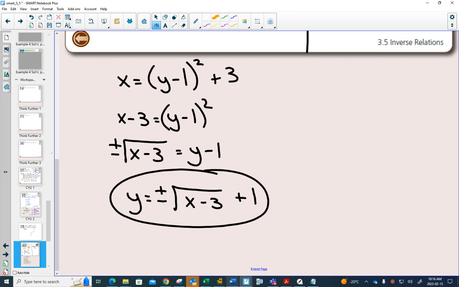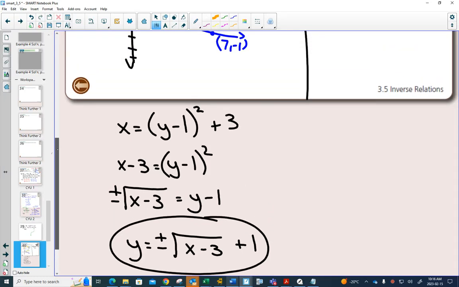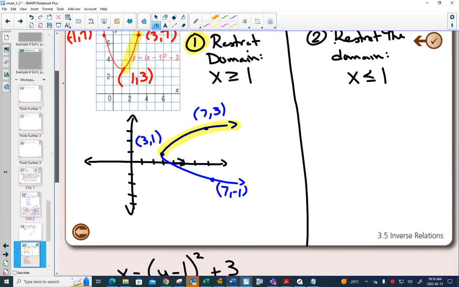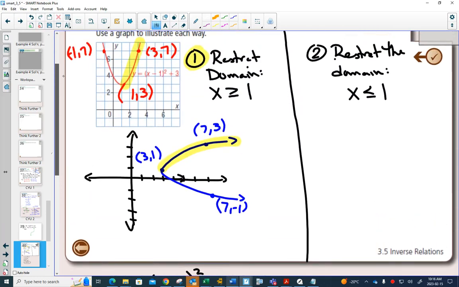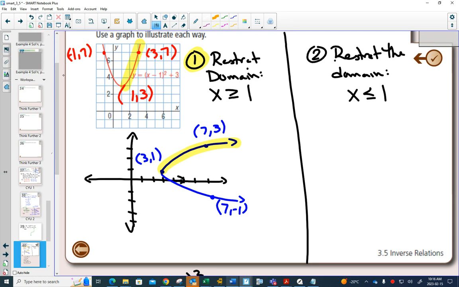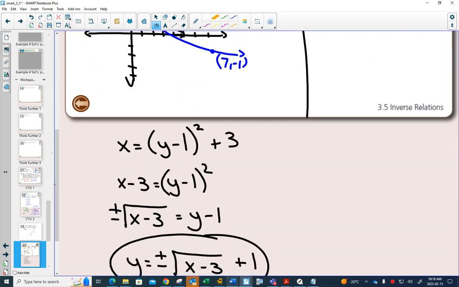It has a plus and a minus. In our question, we have to determine, is this yellow section, which is the restricted domain when x is bigger than 1, going to be the plus or the minus? How would you determine that? Couple of ways.